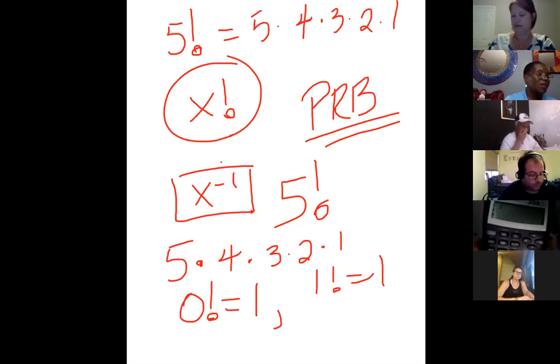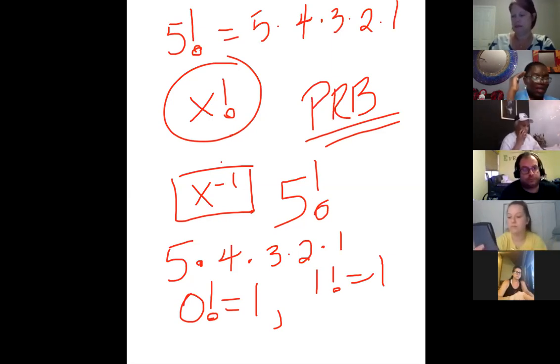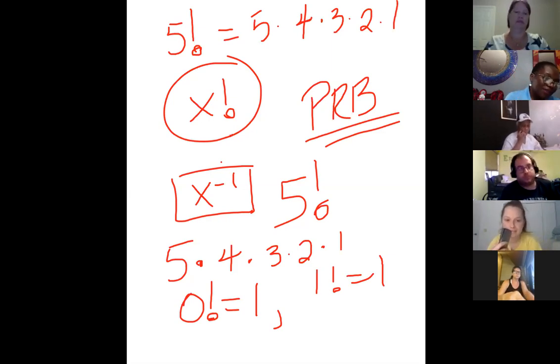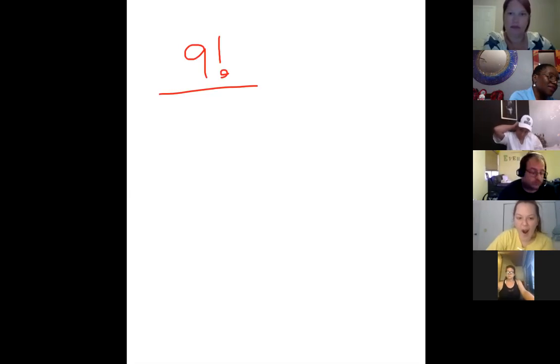So now we are going to simplify with the factorials, and this is all getting us ready for a formula for permutations. Let's say I had 9 factorial divided by 5 factorial.